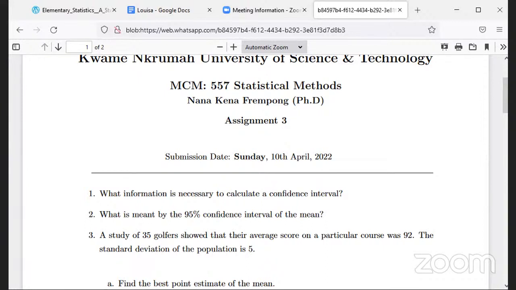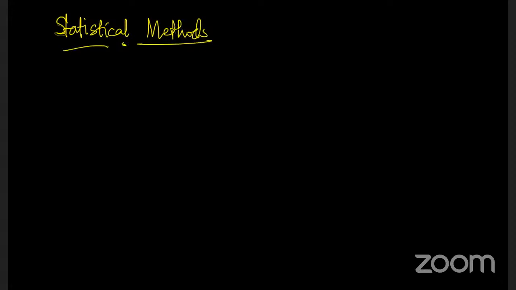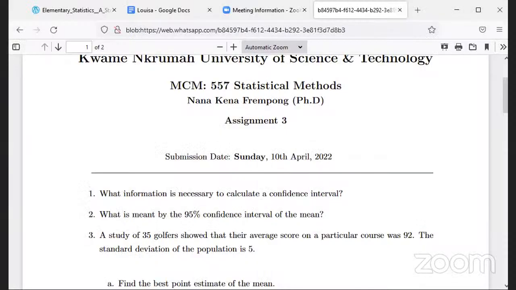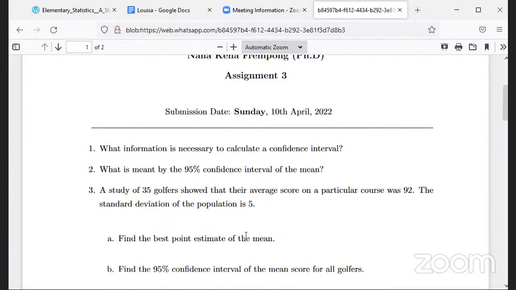Okay, let's begin the first question. Statistical methods. The first question is, what information is necessary to calculate a confidence interval?